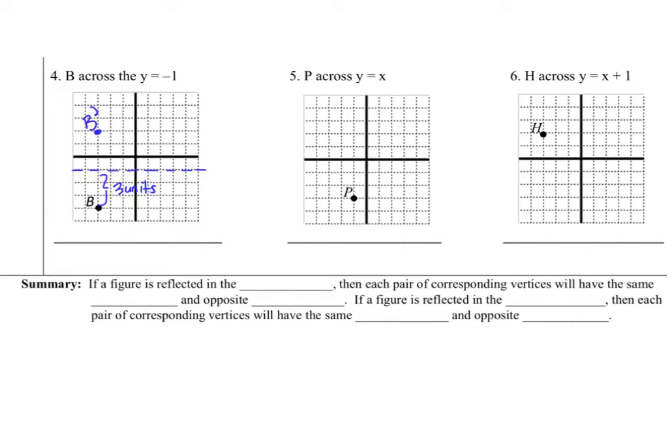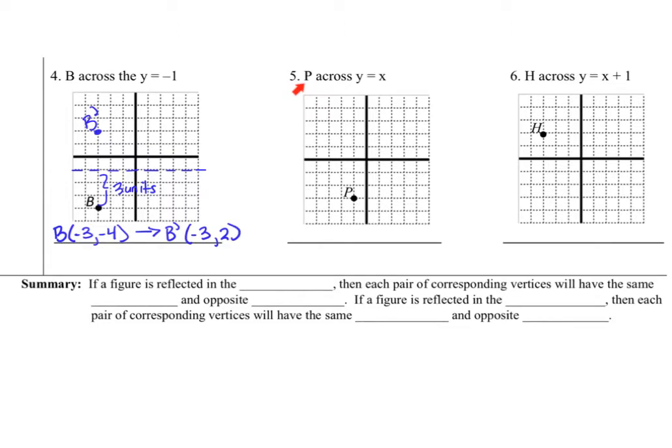When you're writing your answer, notice it's not given to you here anymore. We want to write the original point first. The original point was at -3, -4. The image, which is B prime, was at -3, 2.